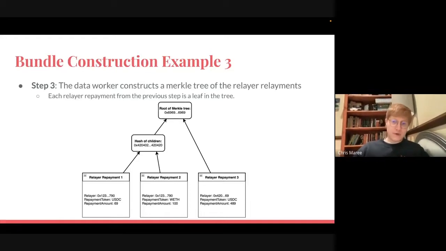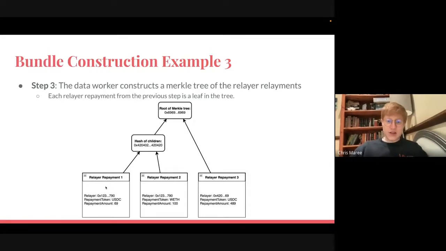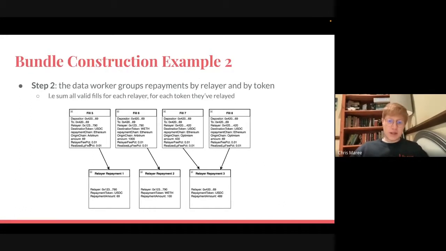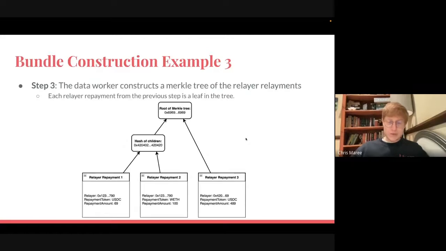And we'll keep the proofs for later. We don't need to worry about that right now. What matters now is we have the root of the Merkle tree. And this root of the Merkle tree is like this condensed data structure that in and of itself represents the correctness of the relayer repayments, which in and of themselves represent the correctness of the fills. Okay. So we now have the root of the Merkle tree.